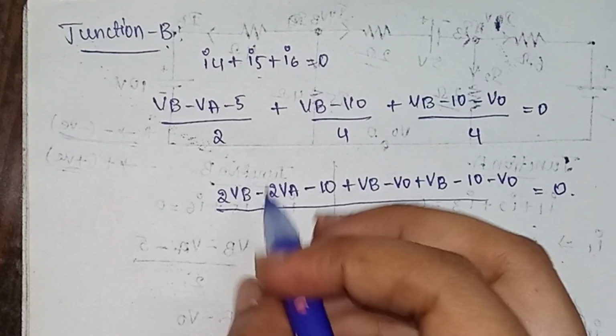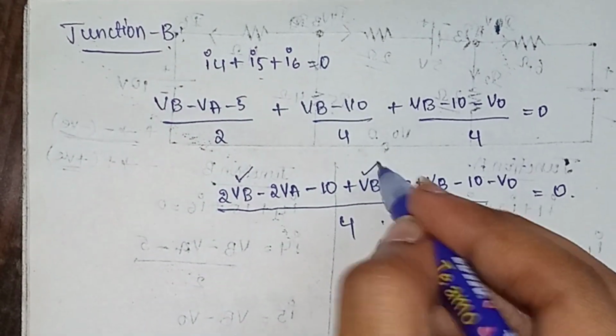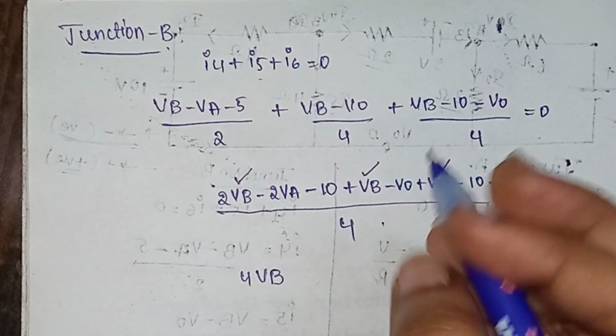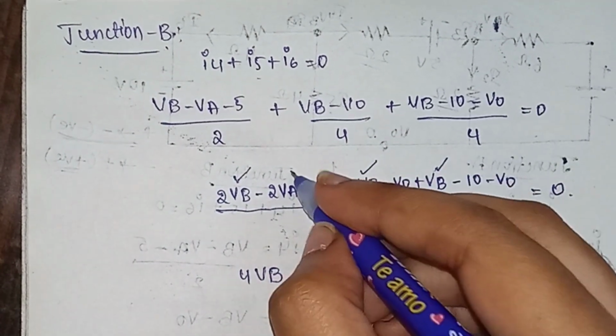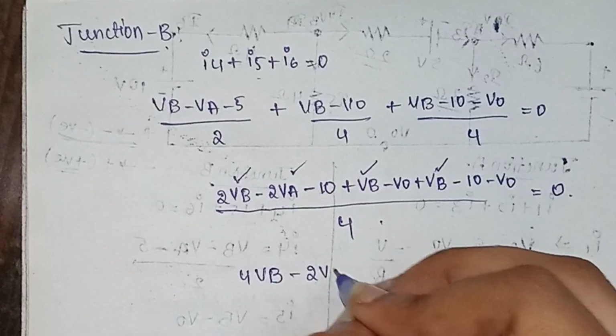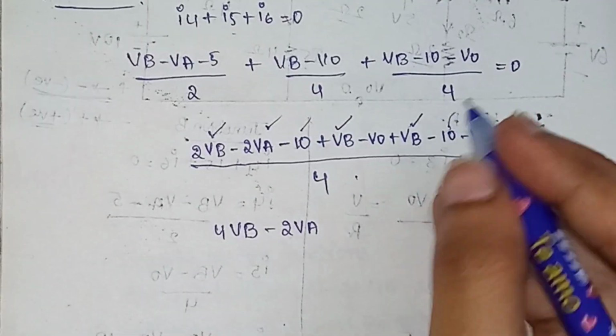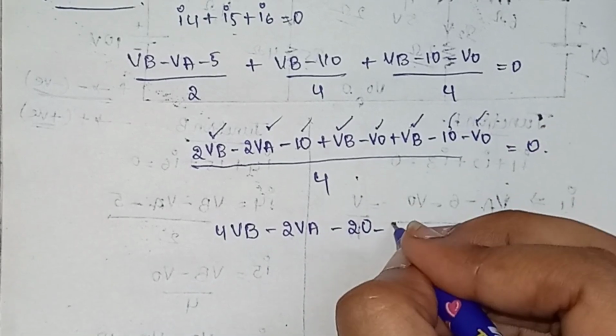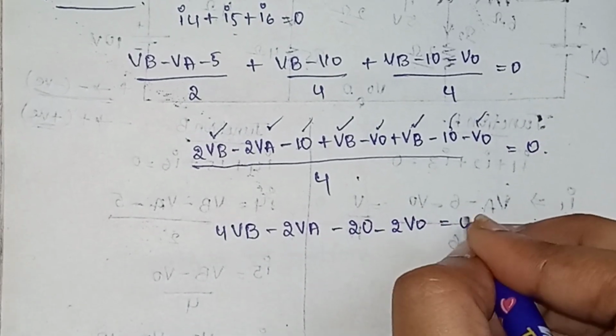Now what will we get? 2VB plus VB plus VB, so automatically you will get here 4VB, and then minus 2VA, minus 10 minus 10 is minus 20, minus V0 minus V0 is minus 2V0, is equal to 0.